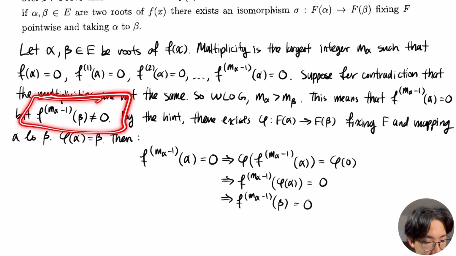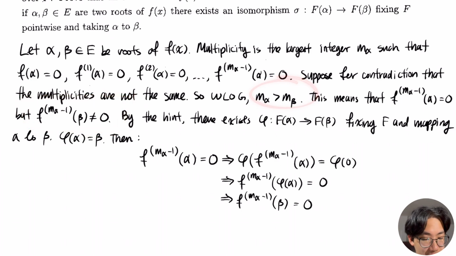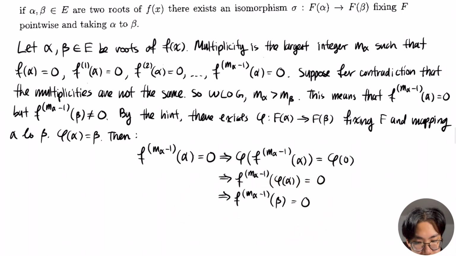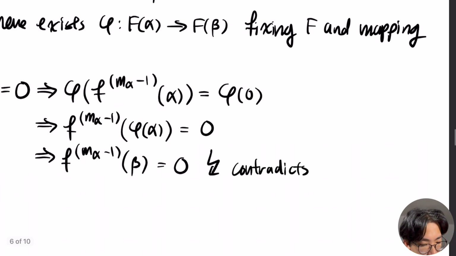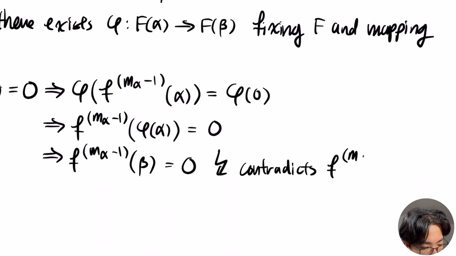Based on our assumption, we were able to deduce that this function evaluated at beta was not equal to 0, but this clearly shows that it is actually equal to 0, which is a contradiction. And so this contradicts the m alpha minus 1 derivative of beta not equal to 0, right?